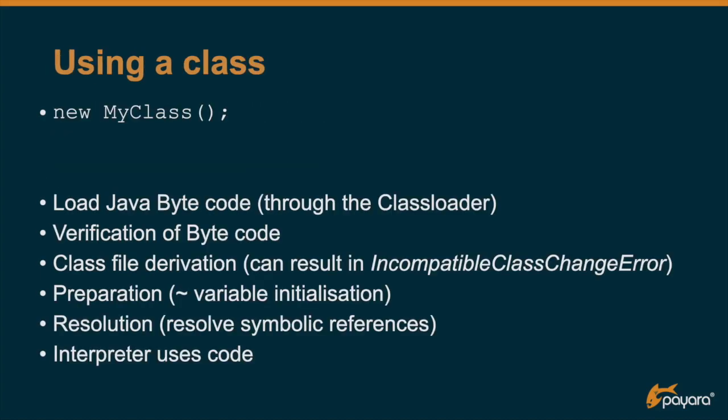So when you specify the statement new my class in the code, then various actions are performed. First of all, the bytecode is loaded from the external system, most of the time your disk, through one of the class loaders. Then that bytecode is verified.